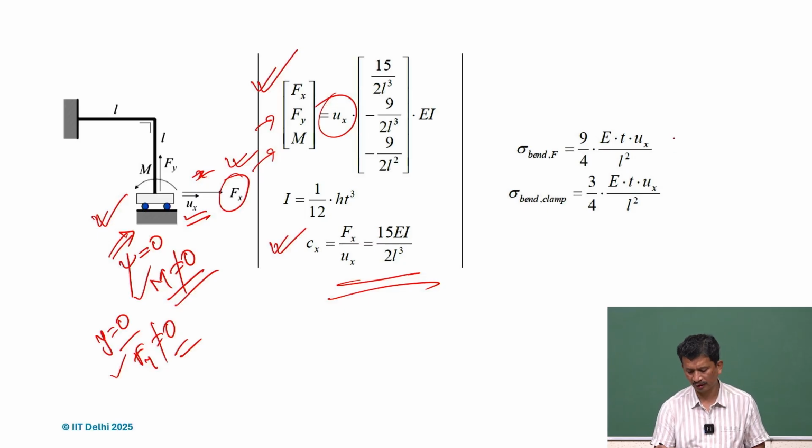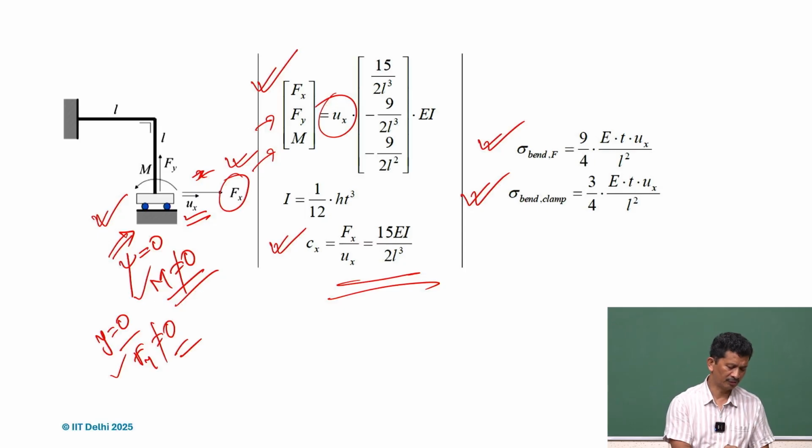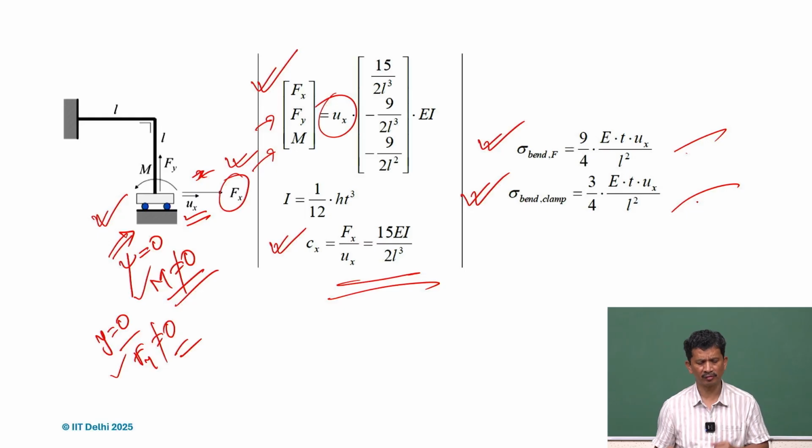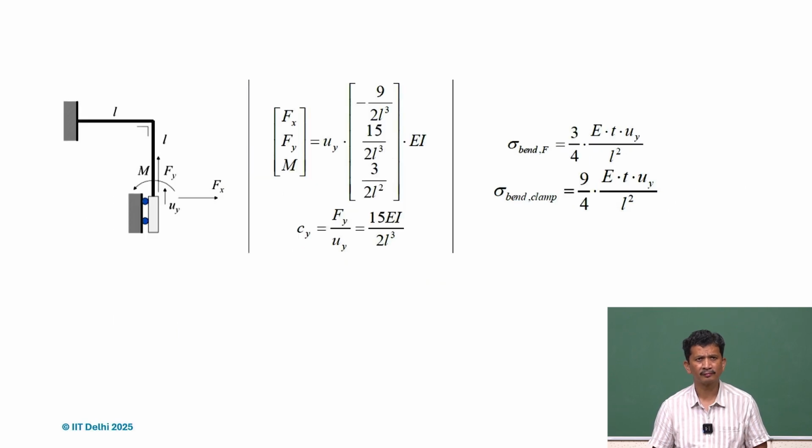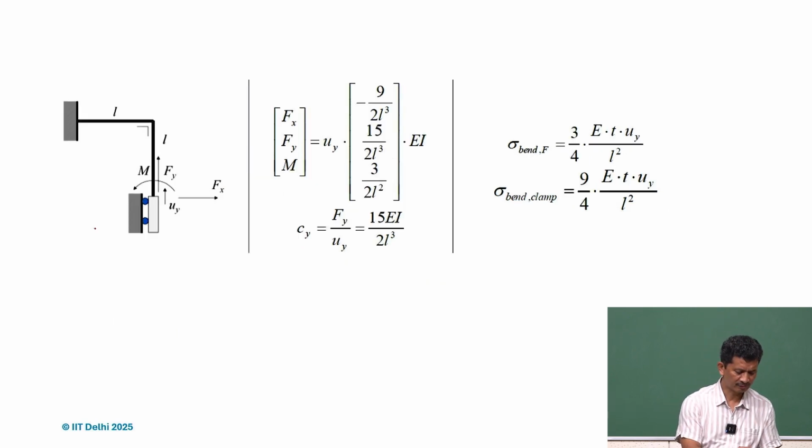Again, we can also calculate the stresses, and we realize that at the free end and the clamp there will be different stresses, because of the way it's deforming and the way the boundary conditions are placed. So we have to find the maximum value, and we can easily use any CAD package to do the analysis. What happens if it's like this?